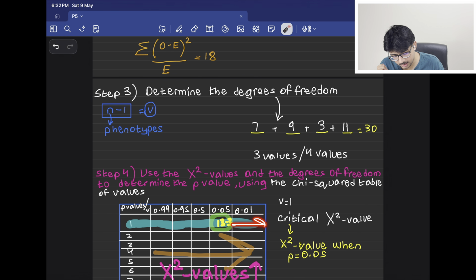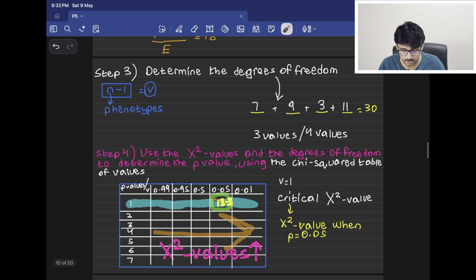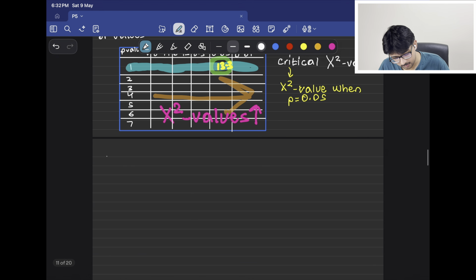And when you go to the right, you clearly see the p-values are decreasing. If you go to the left, you clearly see that the p-values are increasing, but the chi-squared values are decreasing. So it works oppositely. But in this case, we have to go to the right.